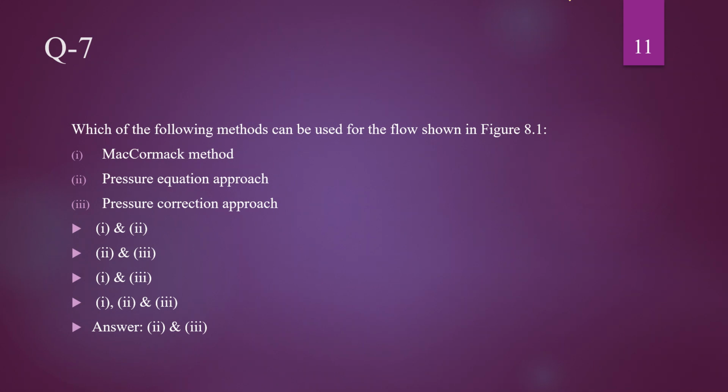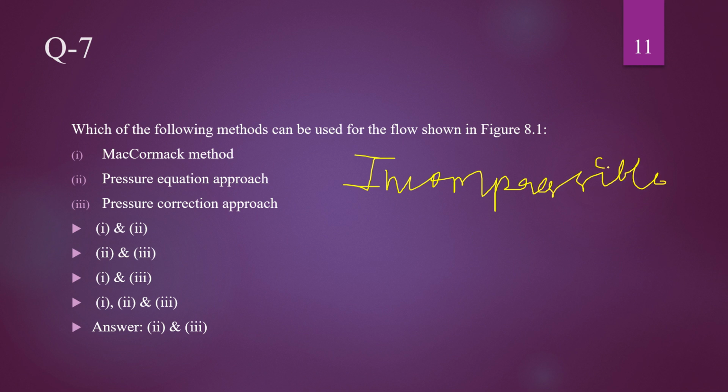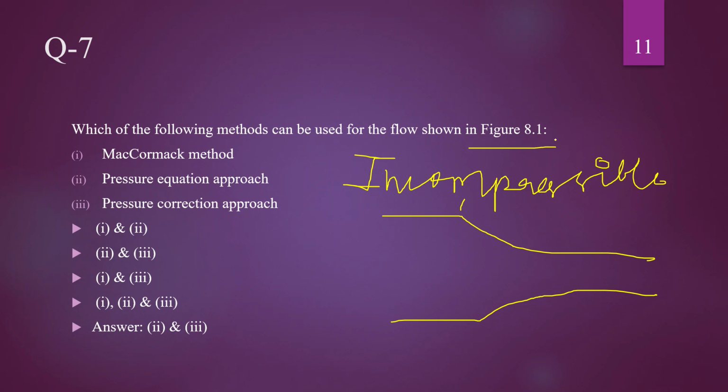So basically contraction of the pipe is happening, the flow is incompressible fluid flow, and the pipe is of circular cross section. These are all the details given in figure 8.1.